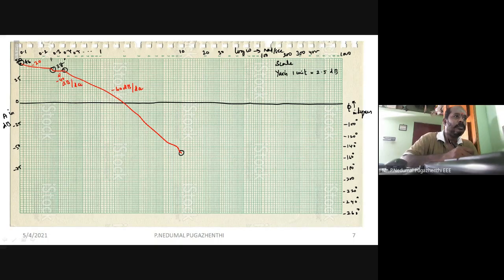The change in slope, decibels per decade. So it is crossing my 0 decibel line somewhere near. It is not an accurate graph. It may be approximate. I want to provide you the idea how to draw this.